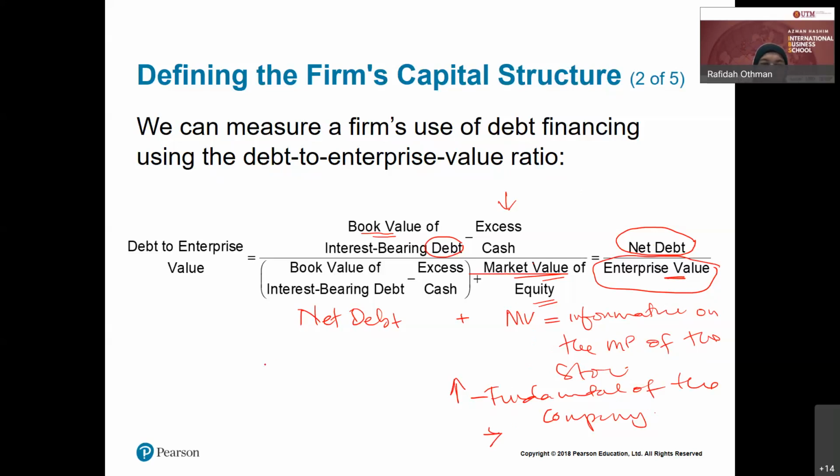This is when we talk about the market price reflecting all information. This information about the company can increase the market price of the share, and at the same time increase the enterprise value.